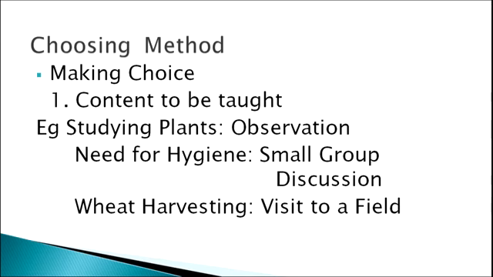Similarly, if I want to know what is the need of hygiene, then a small group discussion will be an appropriate method wherein children in the classroom will discuss the need of hygiene. In another case, if children want to know how wheat reaches us, in that case a visit to a wheat field is a very good method.